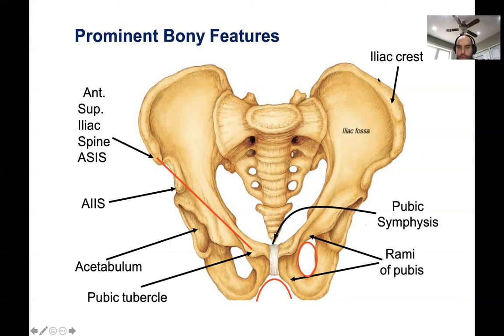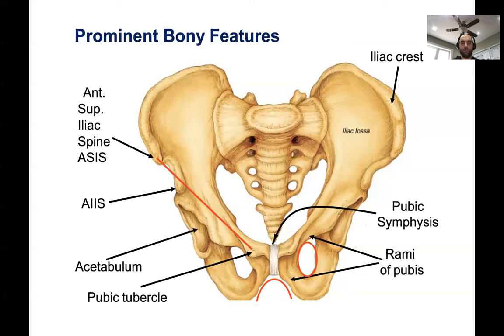Now, if we go a little bit more inferiorly, we get to a point known as the anterior superior iliac spine, aka ASIS. I'm saying it slowly because it's a mouthful of a name. I didn't write the full name because I couldn't fit it, so I'm going to write the name of it over here.